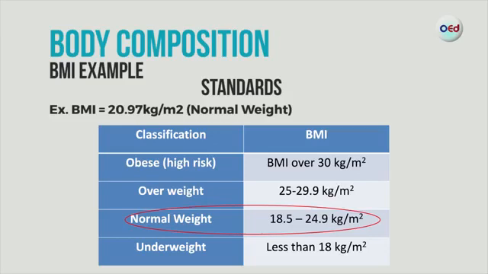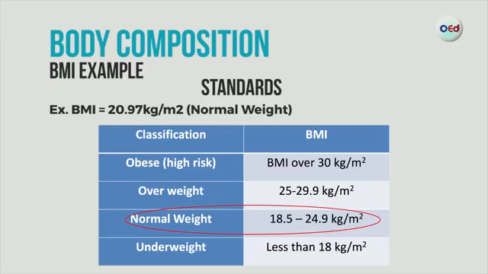You are classified under the overweight category if your BMI falls between 25 to 29.9 kilograms per meter squared. You are classified under the normal weight category if your BMI falls between 18.5 to 24.9. And lastly, you are classified under the underweight category if your BMI falls less than 18 kilograms per meter squared.